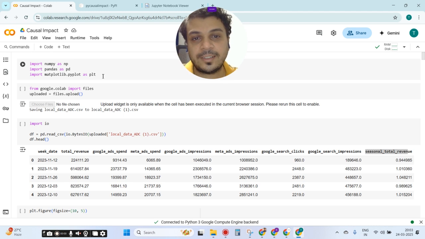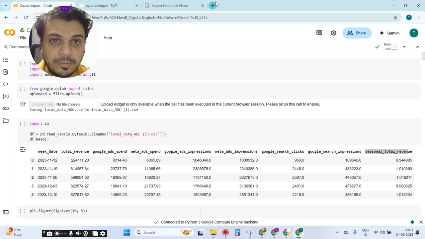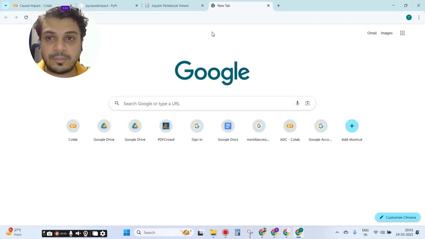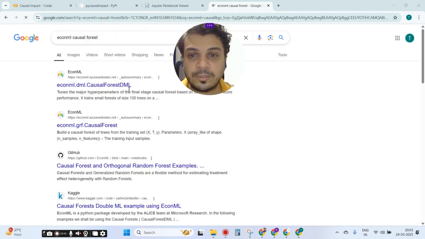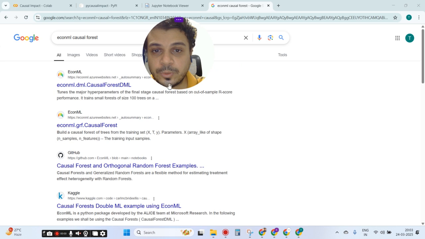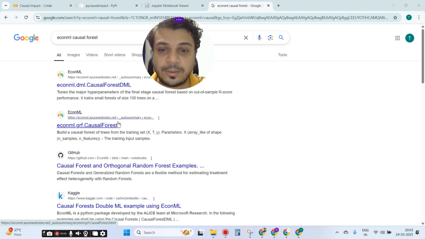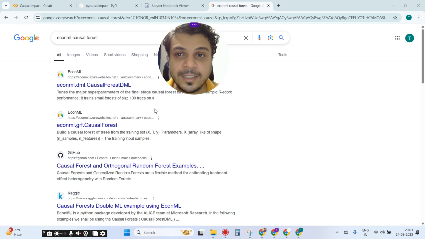So there are quite a few like these that you can take a look at. You can just Google them and find some of them. You can search for EconML, Causal Forest, DML. There are so many options like this. I'd encourage you to go through many of these and see which one suits your exact requirements better.